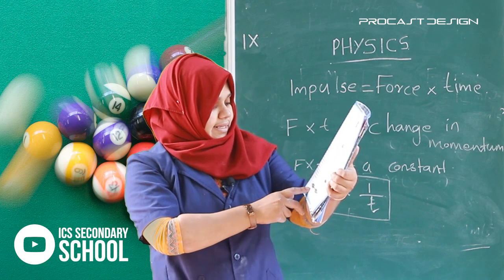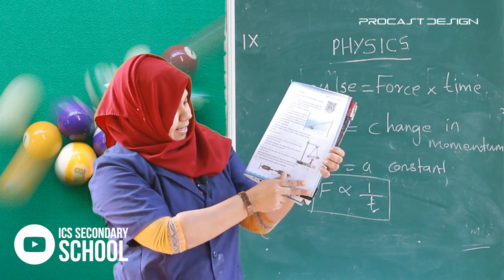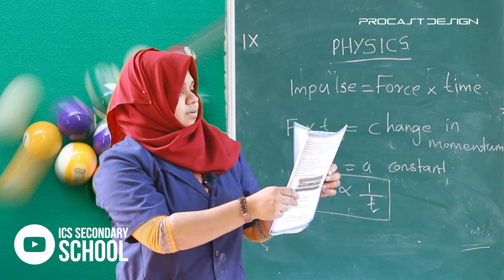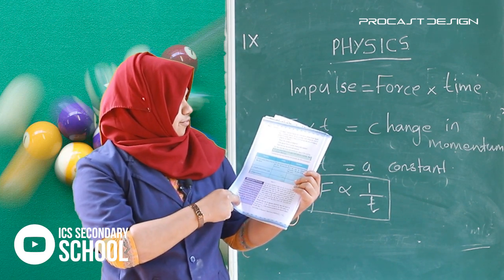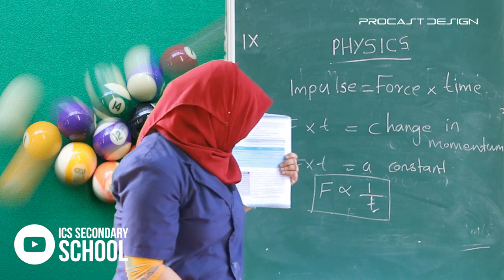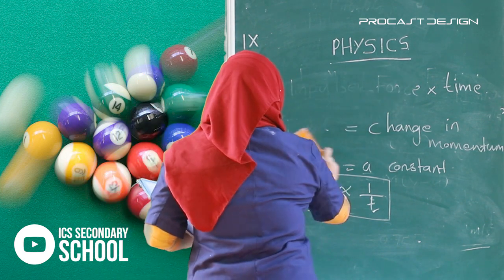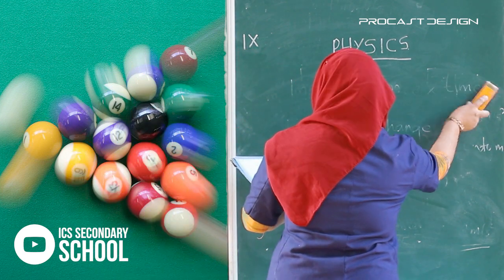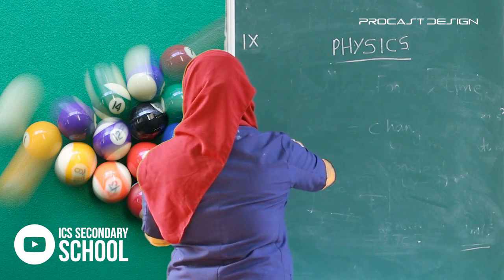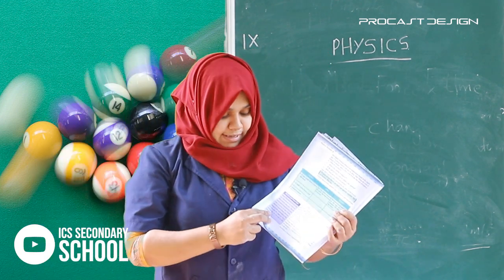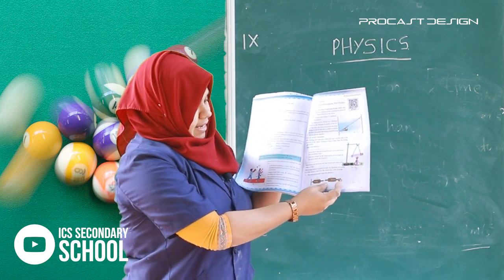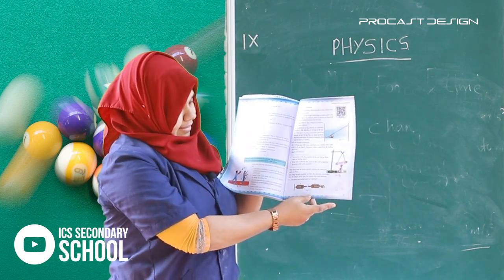You can see that there is another activity. Two digital weighing balances are connected as shown in the figure.